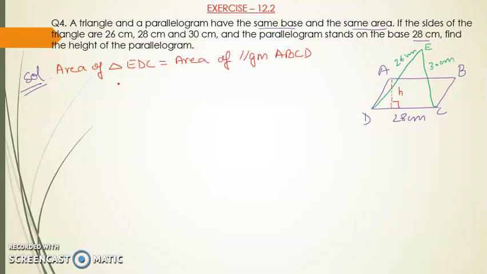So area of triangle, how did we study? By Heron's formula, not by half base into height. So square root of S into S minus A, S minus B, S minus C is equal to area of parallelogram ABCD.